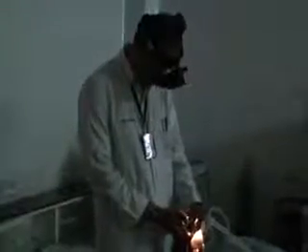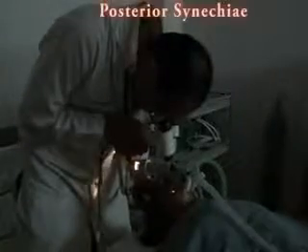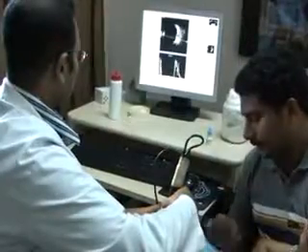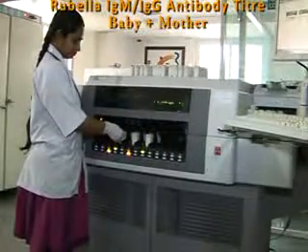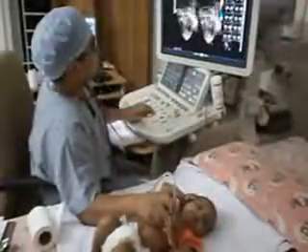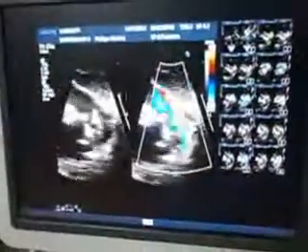Meticulously evaluate the anterior and posterior segments, particularly looking for posterior synechiae, intraocular pressure, and salt and pepper retinopathy if possible. P-scan examination in case of total cataract, TORCH titers for rubella IgG and IgM antibodies of the baby and mother, first year of life, 2D echo and Doppler test to rule out congenital heart disease, and brainstem evoked response audiometry for congenital sensory neural deafness.